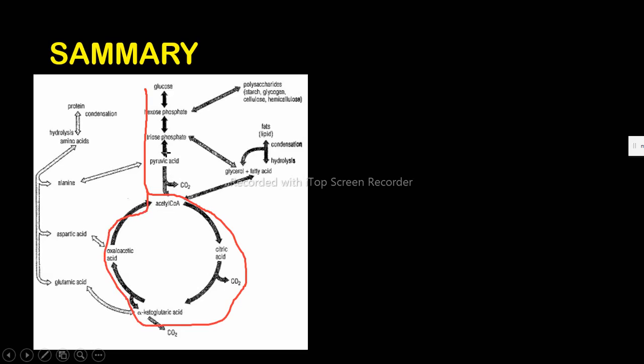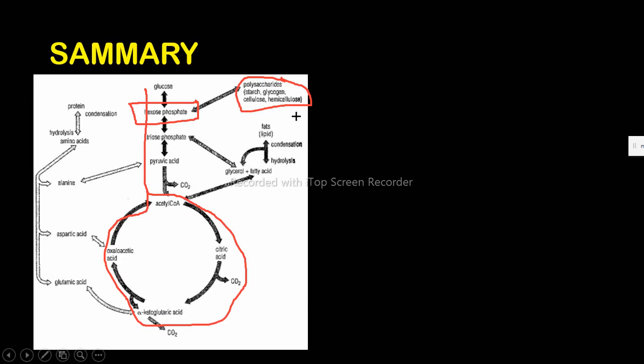Now where you are seeing these ones, those are the key points where these other non-carbohydrate compounds can be integrated. For example, if they are polysaccharides such as starch, glycogen, cellulose, hemicellulose, they'll be hydrolyzed to form a hexose sugar. And the hexose sugar will be phosphorylated to form a hexose phosphate sugar, which now enters into the cycle.